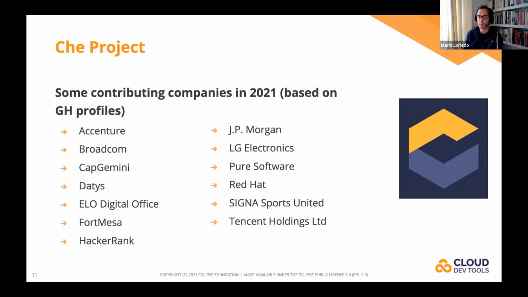That's the list that we currently have. So we have a pretty active community, a lot of activity happening on GitHub. So if you are interested in contributing, just come and you will not be alone. We have a lot of people hanging out there. So that's it for Che. So thanks everyone.